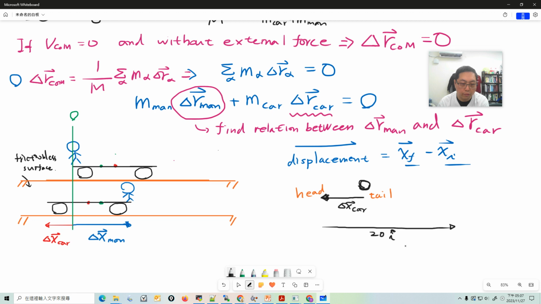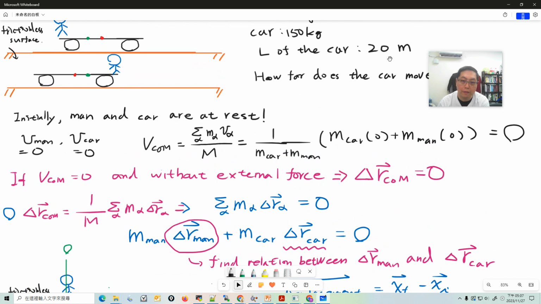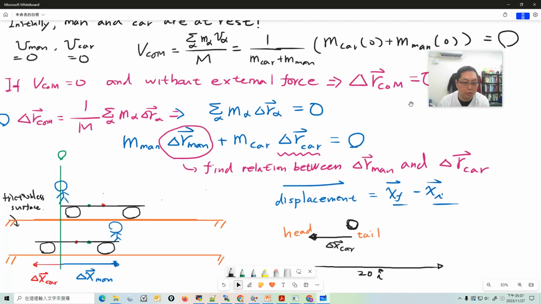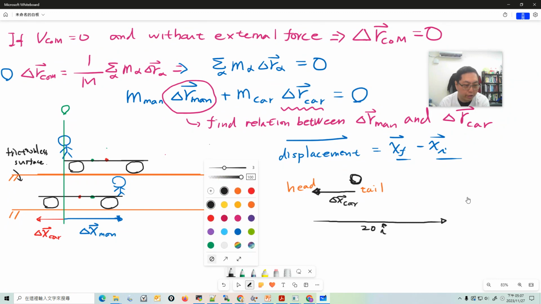That's a unit vector. Why is it 20? Because 20 is the length of the car. That's just the description of the problem. The length of the car is 20 meters.